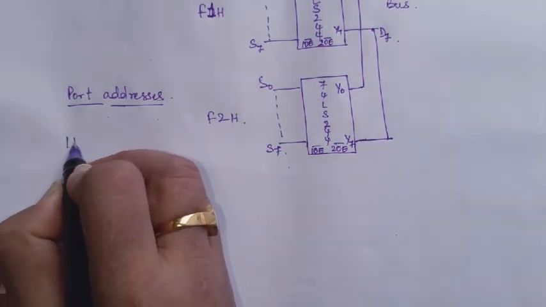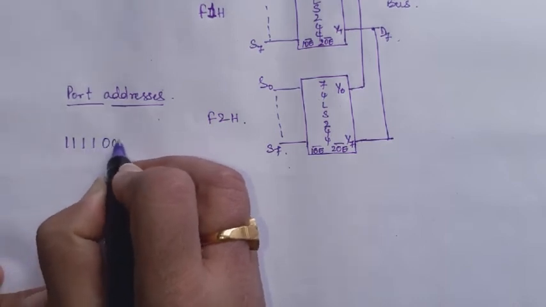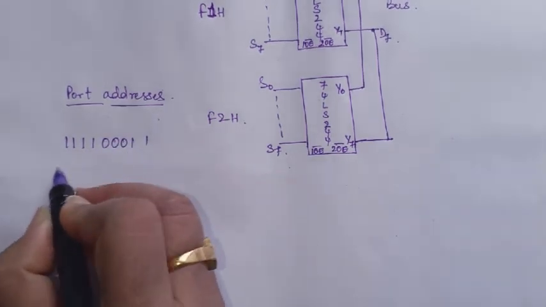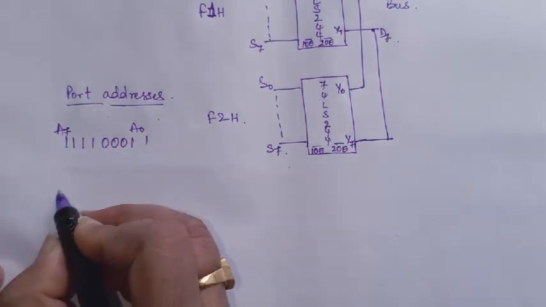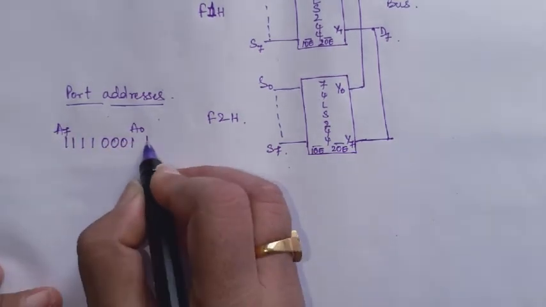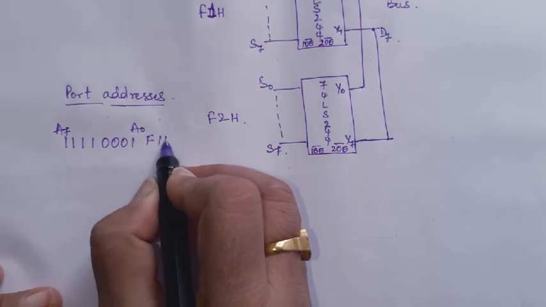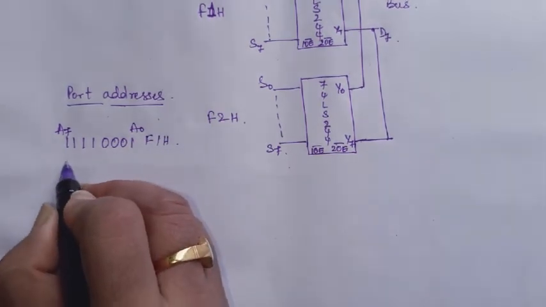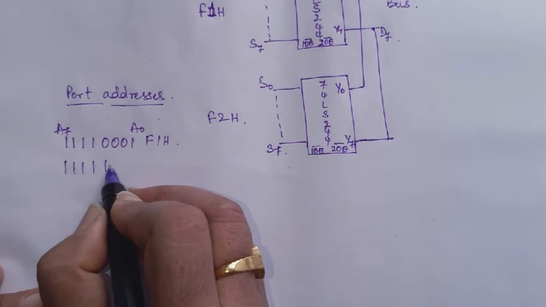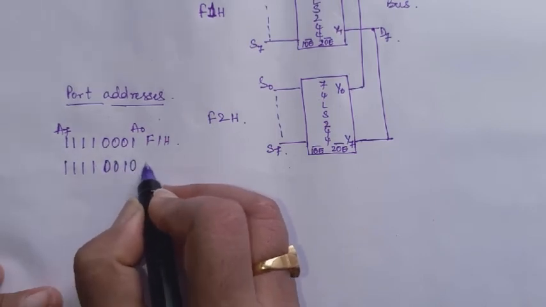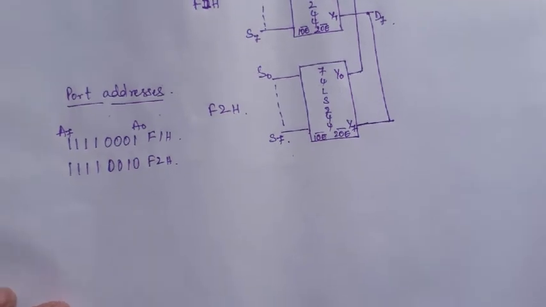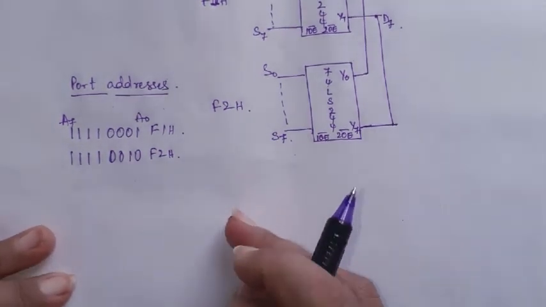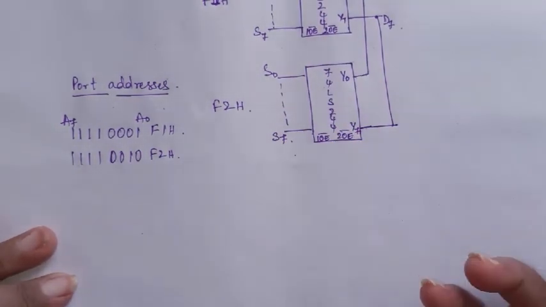F1 means 1111 0001. So this is the address A7 to A0 for port 1. This is F1H, and the other one is F2H.